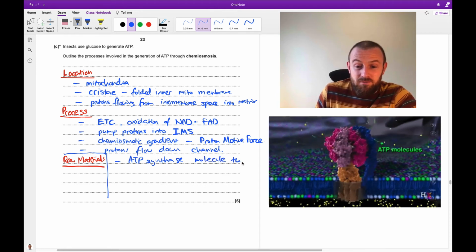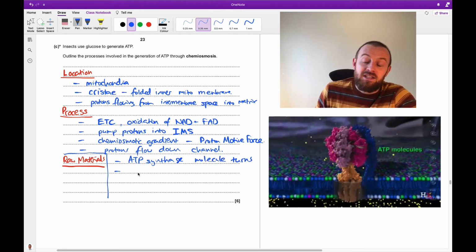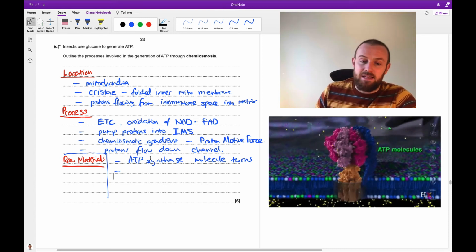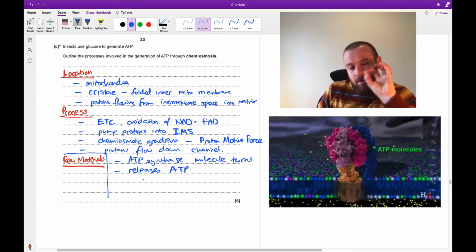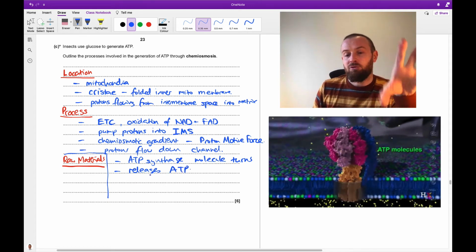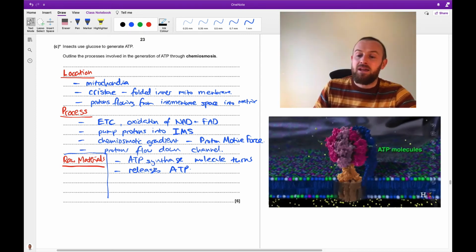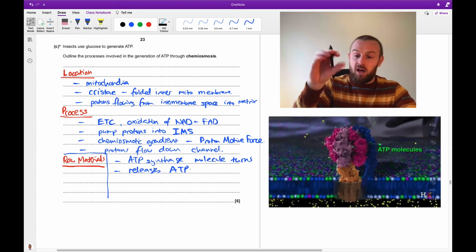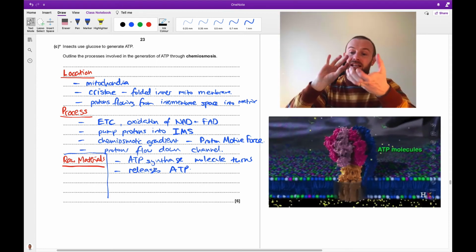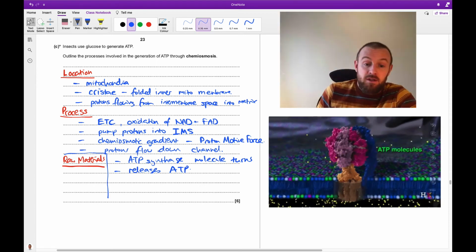Turns or twists. And this turn actually releases ATP from the molecule. This is getting, I think, maybe a teeny bit beyond A level, but basically the turn actually releases the ATP. The ADP and Pi spontaneously come in and join and get stuck to the head of the ATP synthase, and it's the turn that flings it off.